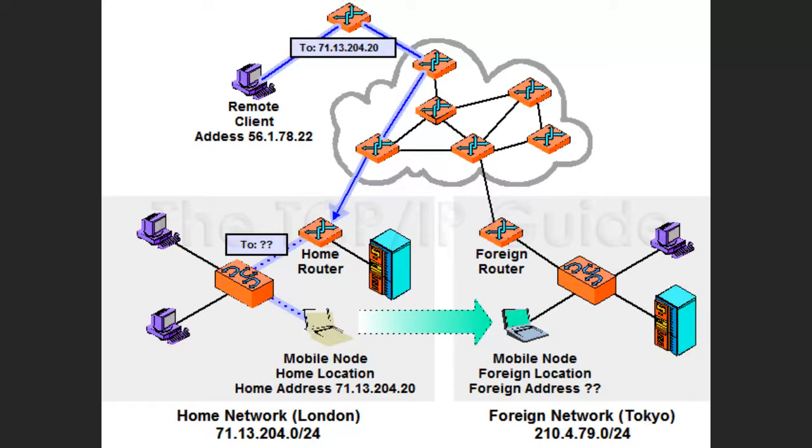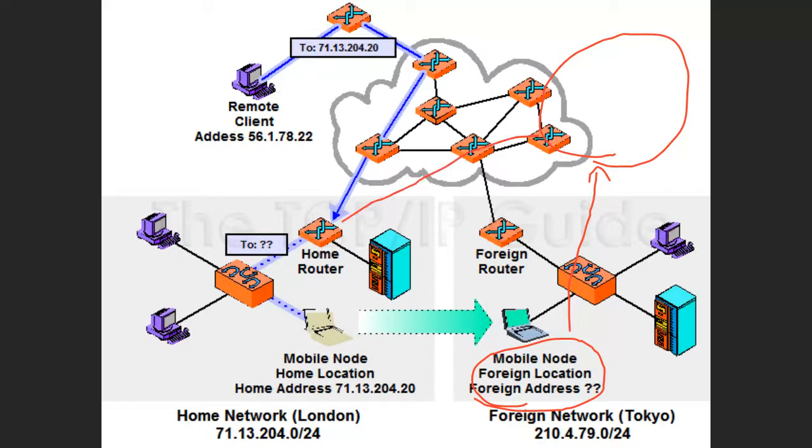Those reconnections are there because we move from one network to another network. We may already be in a foreign location and may have moved to another new foreign location. That may also be the case. So even in that case, the information in the home agent has to be updated again, right?